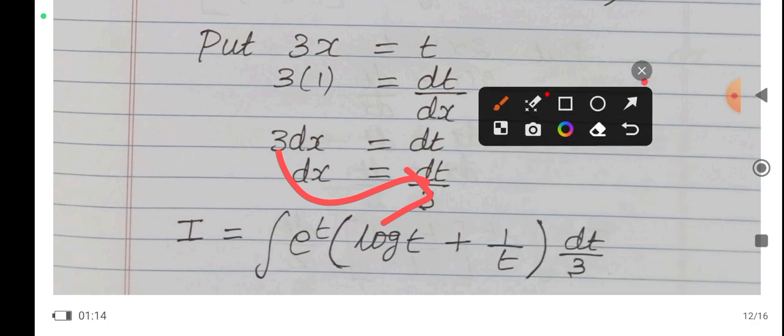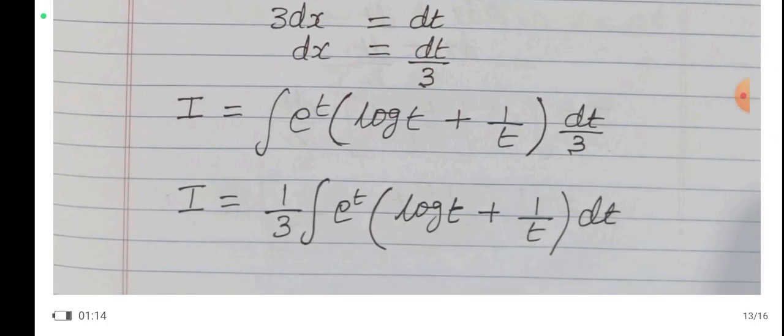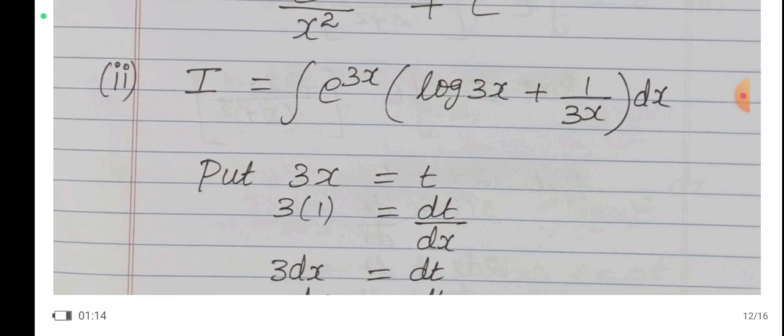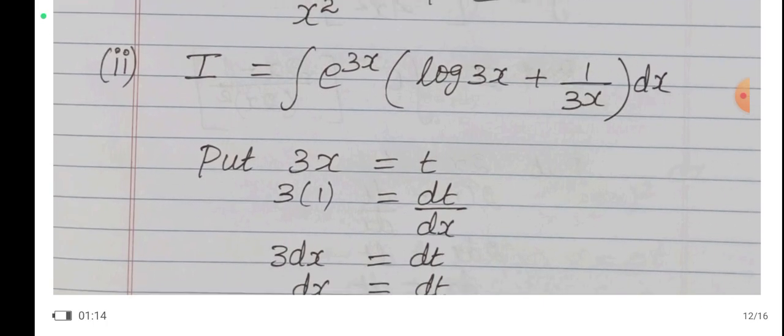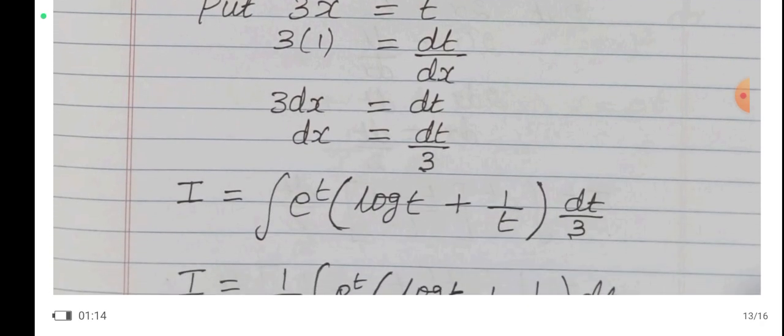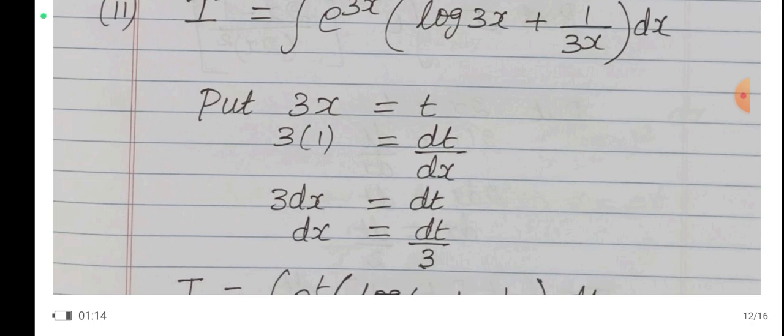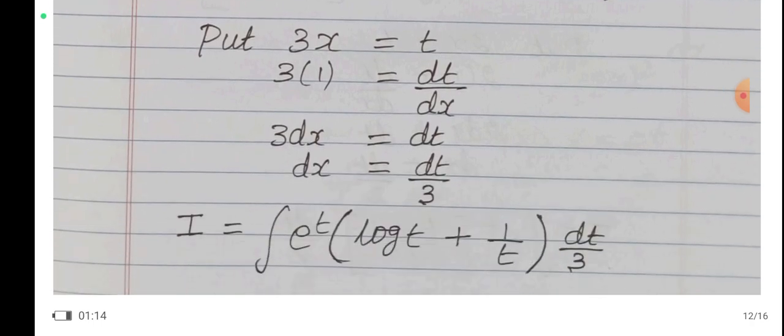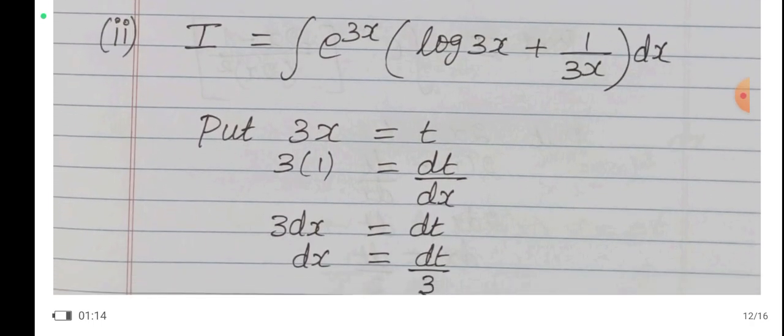So I equals integral e power, in the place of 3x we can keep t. Then log 3x, that is log t. That 1 by 3x dx is there, so in that place only we are going to keep it properly.